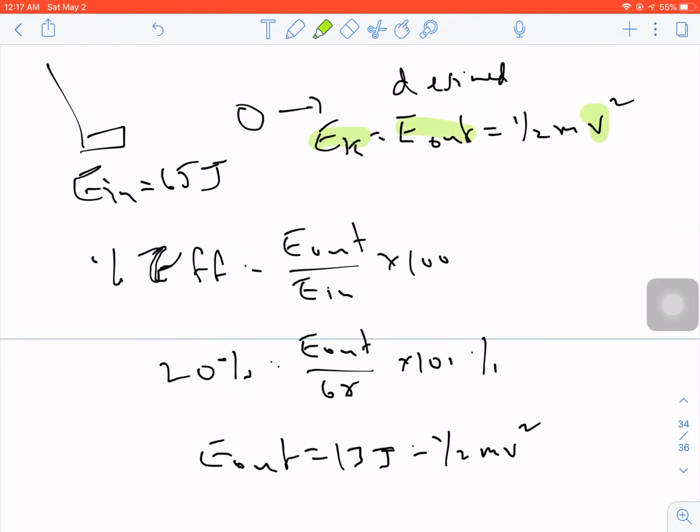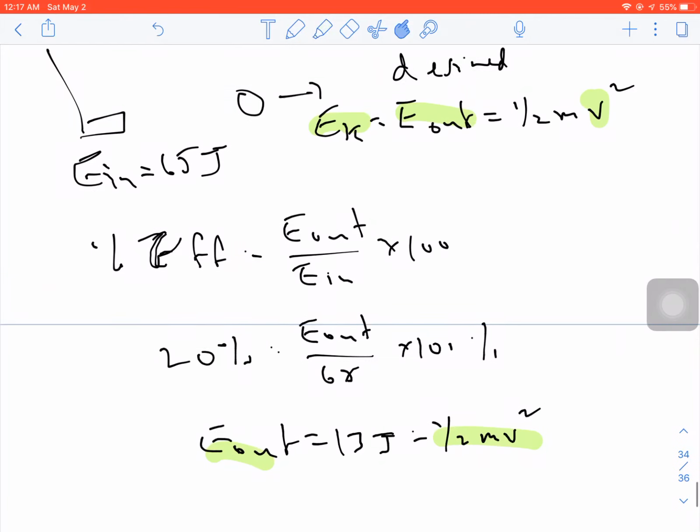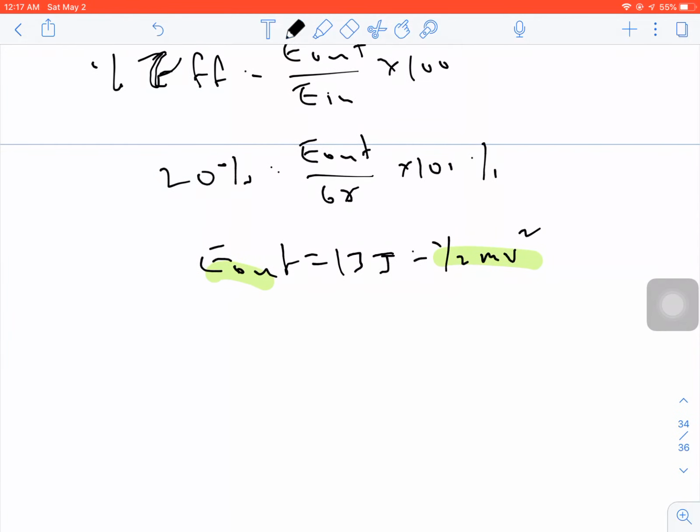So, if I know that my energy out down here is kinetic energy, and it's 13 joules, I can now substitute in the mass of the golf ball, 1/2 of 46 grams, 0.046 kilograms, times v squared.